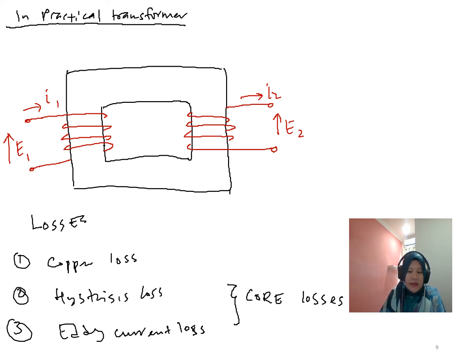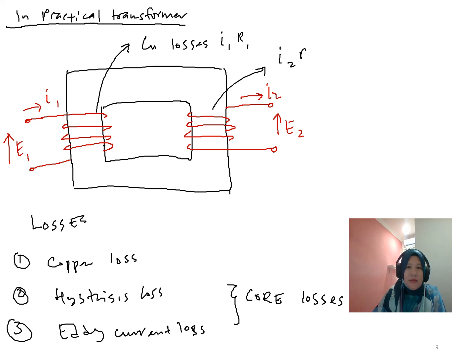We can say that the copper loss occurs at the winding of the primary and the secondary part, where this is equal to I squared R. So at this area we have I primary squared multiplied with the resistance at the primary, and then at the secondary part the copper loss is equal to I secondary squared multiplied with the resistance at the secondary part.